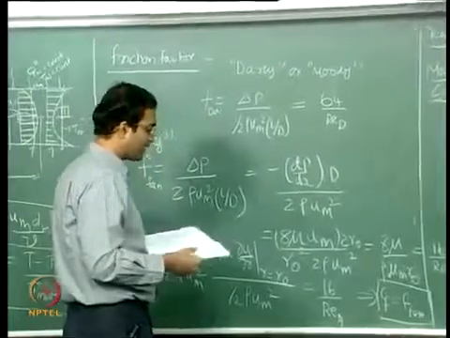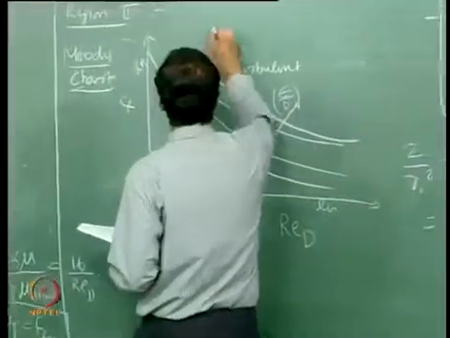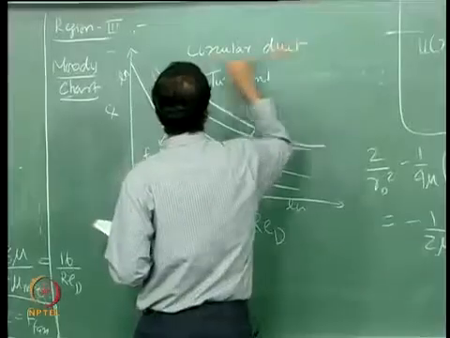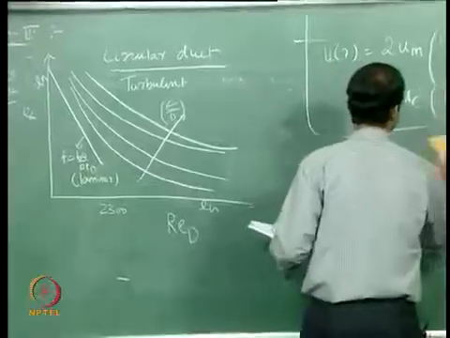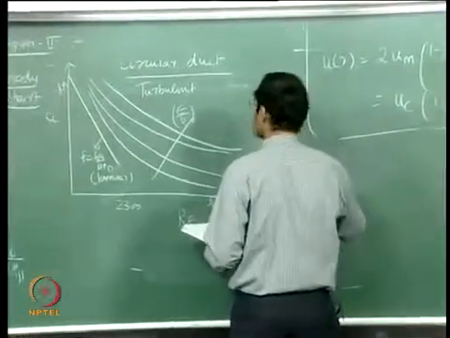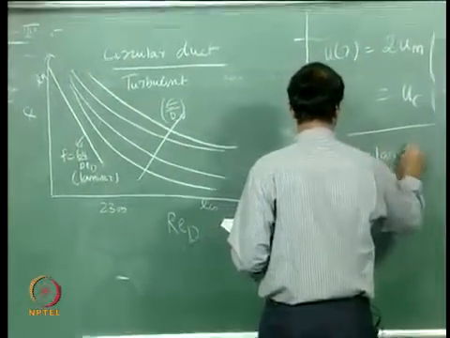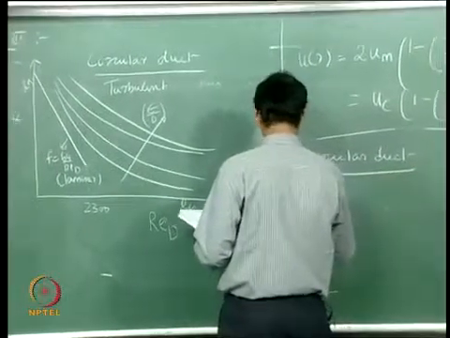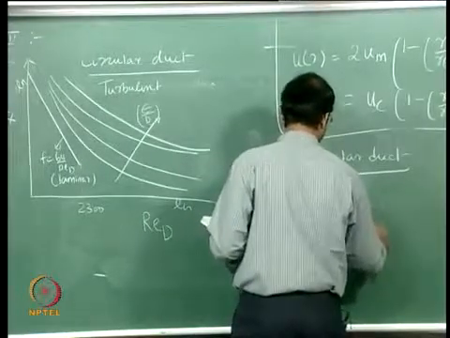In the case of non-circular ducts, this is valid for a circular duct. If you go to non-circular ducts, your friction factor f becomes 64 by phi times Re.